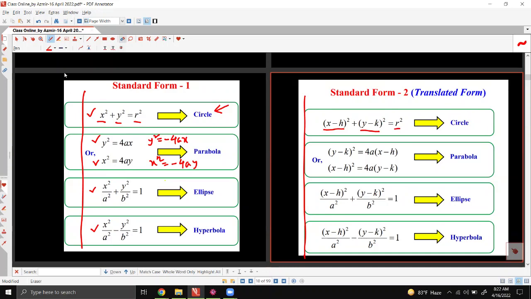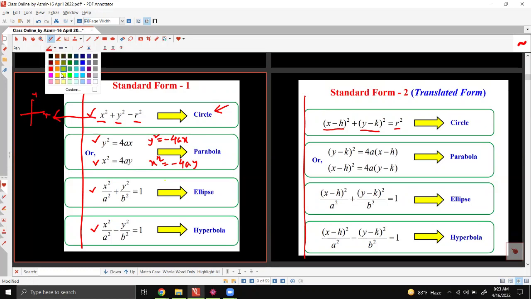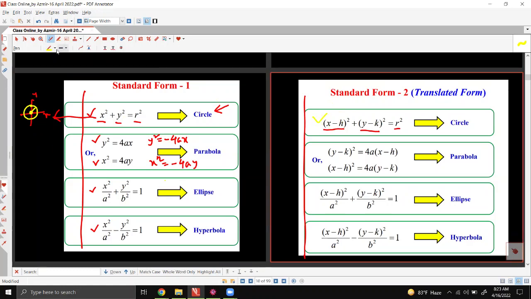The difference is, if we have the first equation, with the x-axis and y-axis, then the circle will have its center at the origin (0, 0), and there will be a radius. But if we have the second equation, then we will get a circle, let's say here. That means the center is not at the origin. The center is far away from the origin. That's why it is another standard form, known as the translated form.